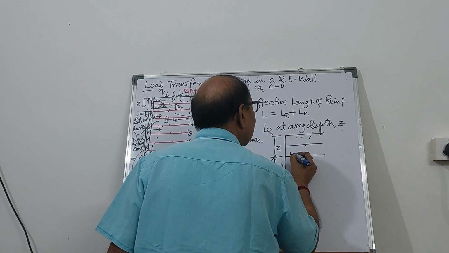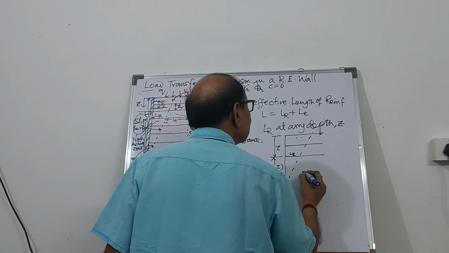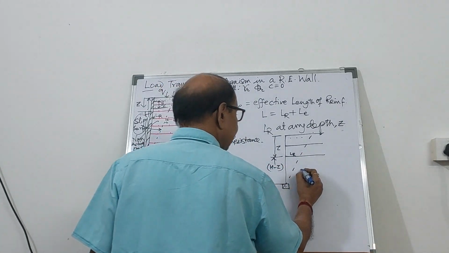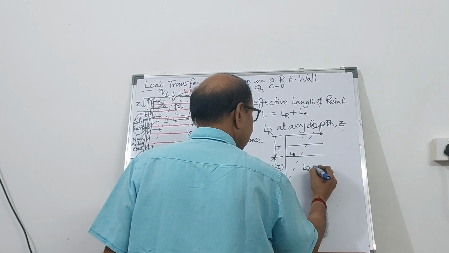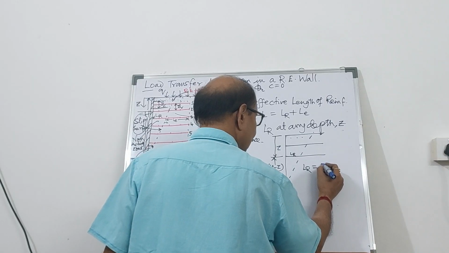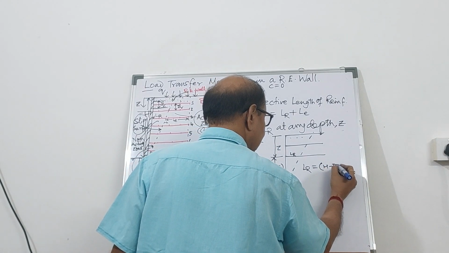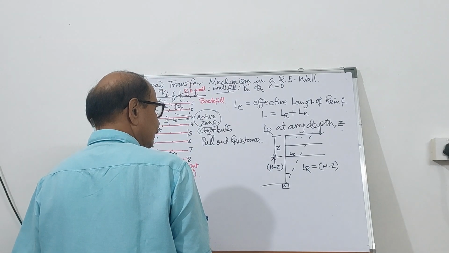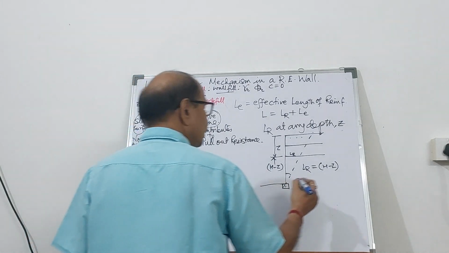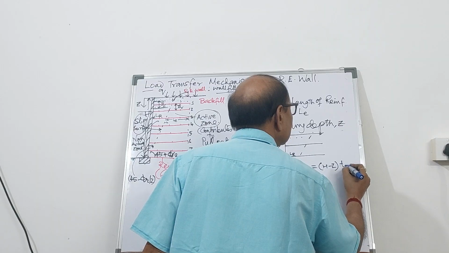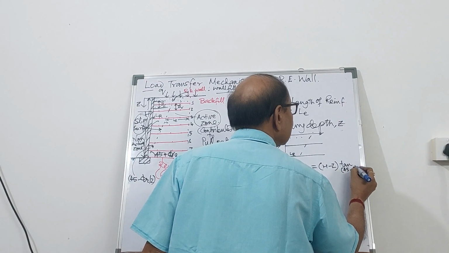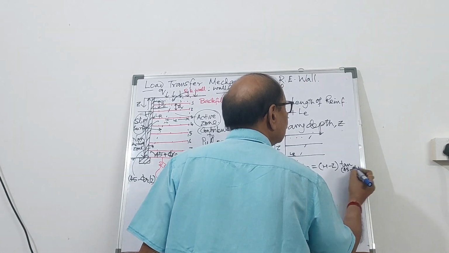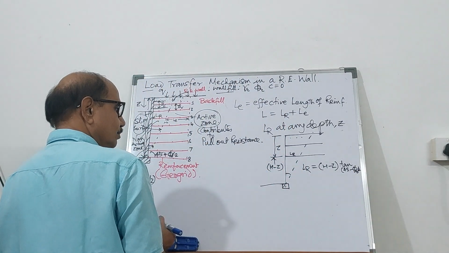So this LR will be easily calculated as (h minus z) into tan of this angle, isn't it? So it will be into tan(45 minus phi r by 2). So this is the angle.